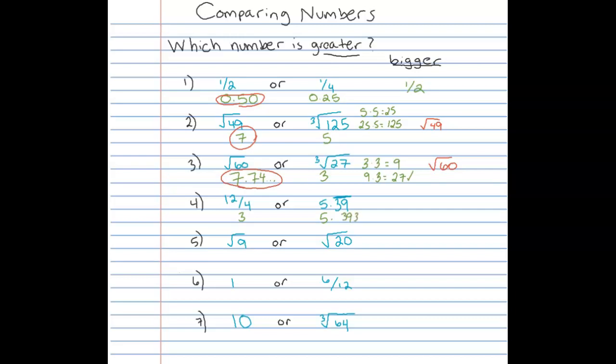So that's 3, 9, 3, 9, 3, 9 repeating. Which one's greater? 5.39 with my line over it.